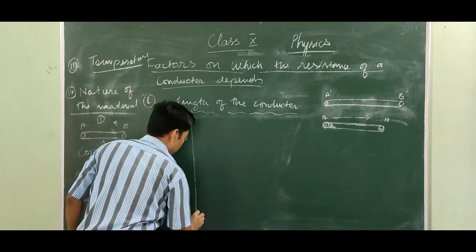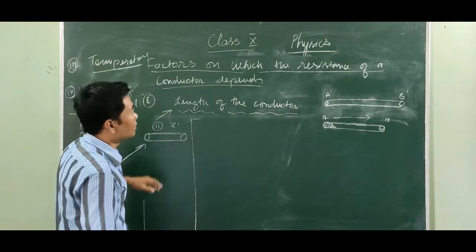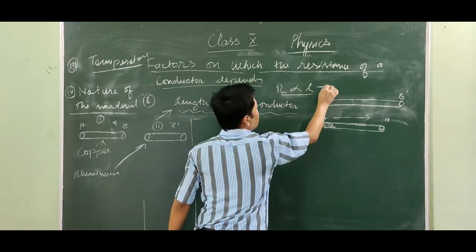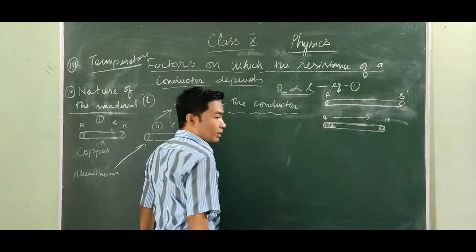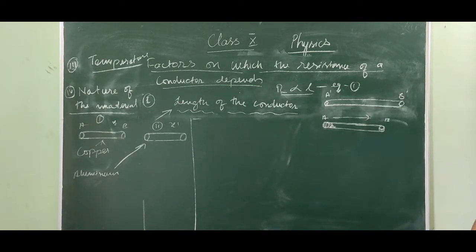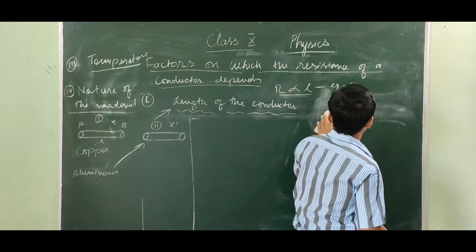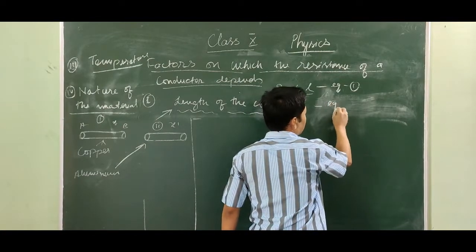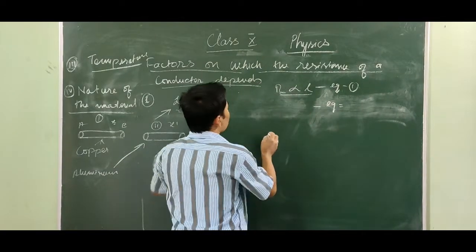Now, the first factor: resistance is directly proportional to the length of the conductor. Let's say this is equation 1. And the second factor: resistance is inversely proportional to the area of cross section, which is equation 2.